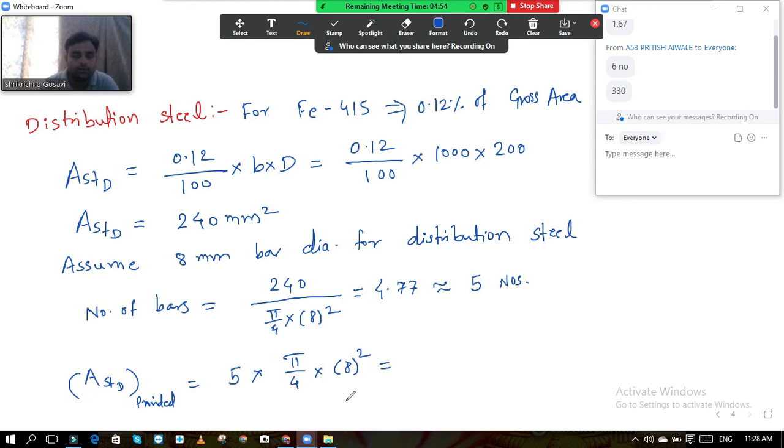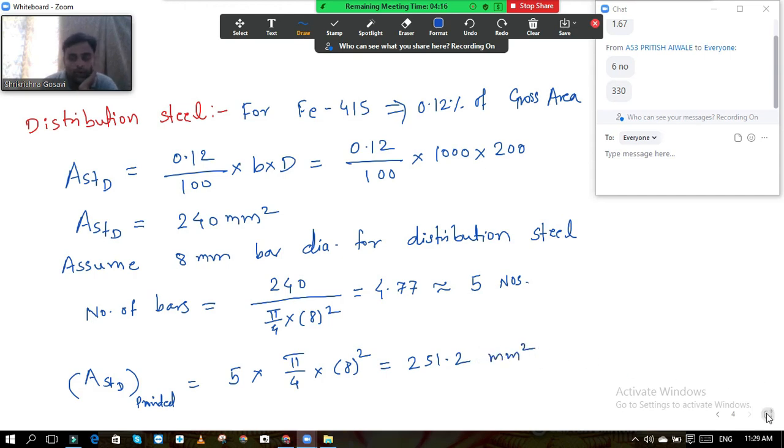Let me know the answer. 251.2, it is 251.2 mm square.